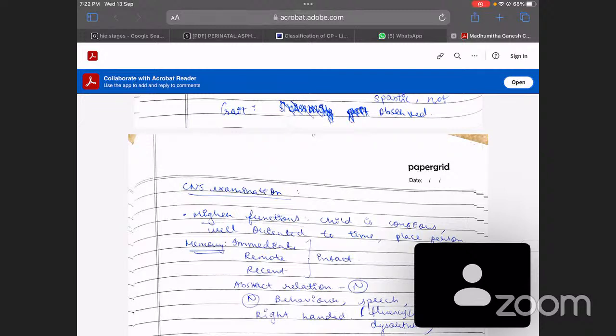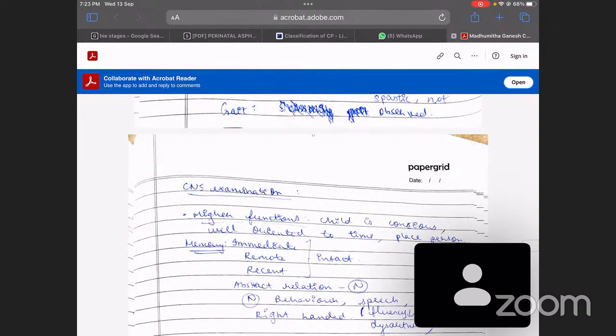Circumduction gait. Yes. Circumduction gait is seen in spastic hemiplegia. In spastic diplegia you see a scissoring gait.